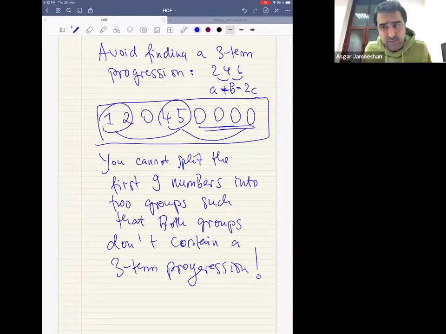So this already tells us something about how we could find progressions in sets.